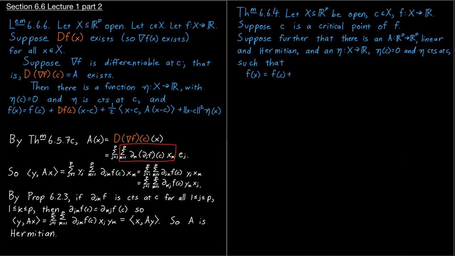Now, because it's a critical point, we know that f is differentiable at c, and so its gradient must be 0, so we're not going to write that part. We're going to write 1/2 inner product x minus c, A of x minus c, plus norm x minus c squared, eta of x for all x in X.